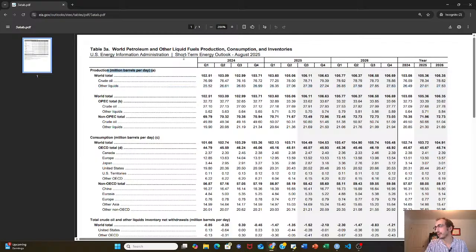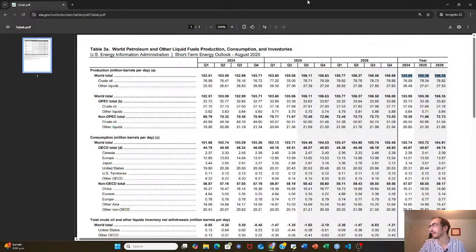So consumption and inventories. In terms of production, I guess it has increased over the year. It's kind of fluctuated in 2024. That makes sense. In quarter 3, production dropped slightly by a million barrels per day.